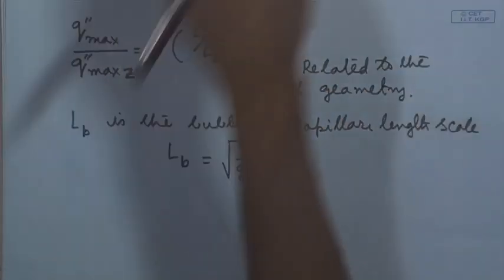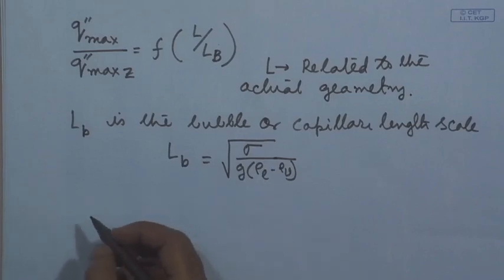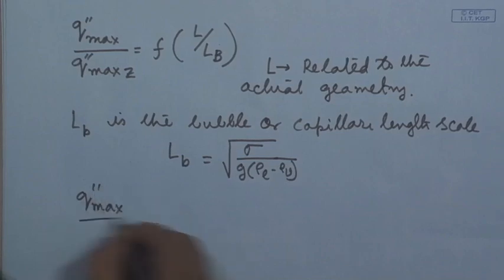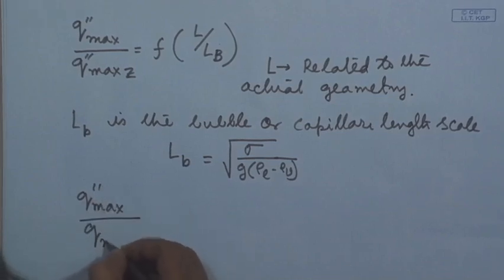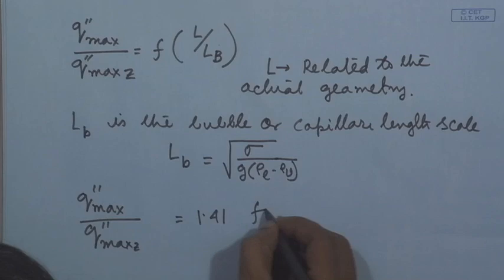Using this, Lienhard and Dhir have found that q max double prime divided by q max Z double prime is equal to 1.41 for a flat surface.